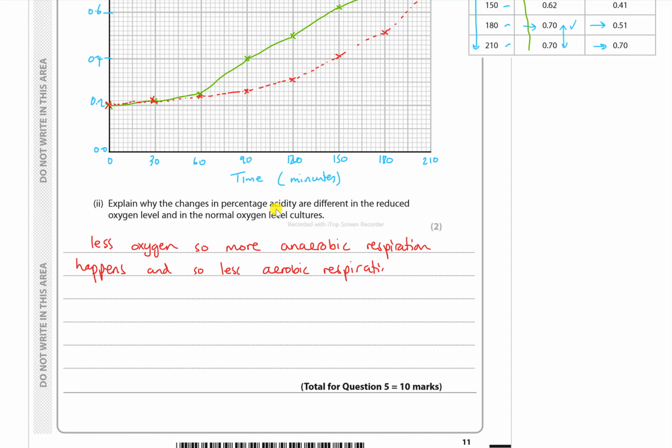And remember, anaerobic respiration produces lactic acid. So the lactic acid is produced quicker.